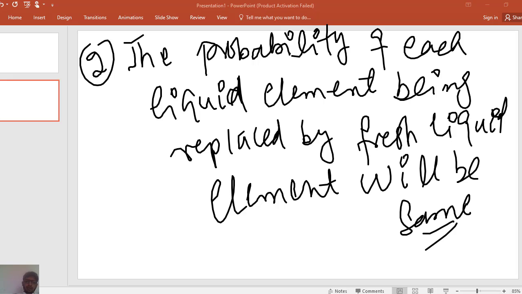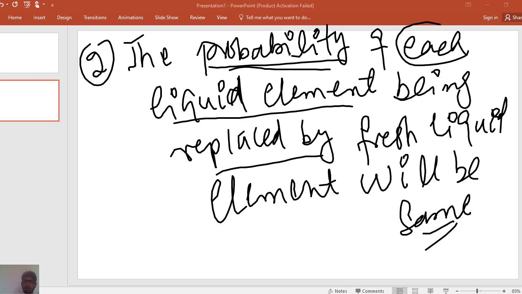The second assumption is that the probability or chances of each liquid element being replaced by a fresh liquid element will be the same.